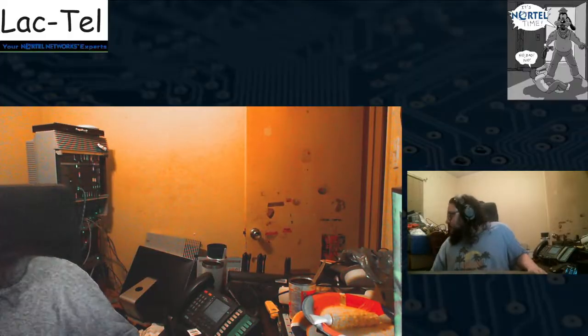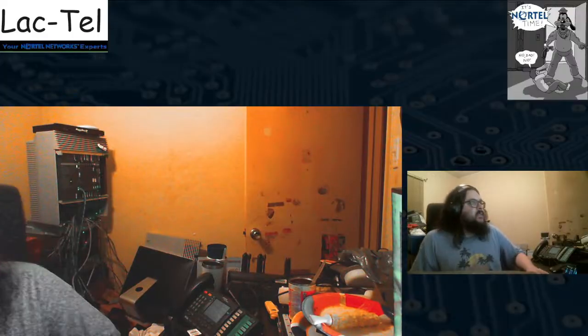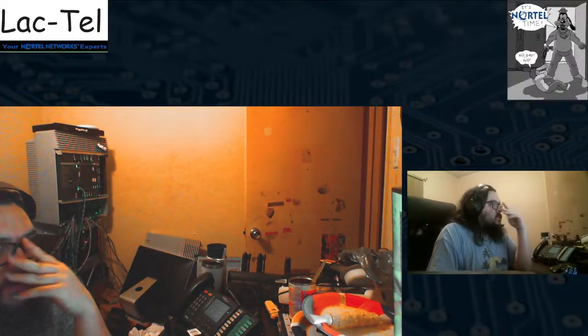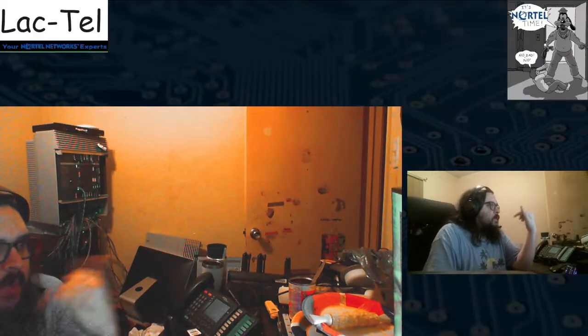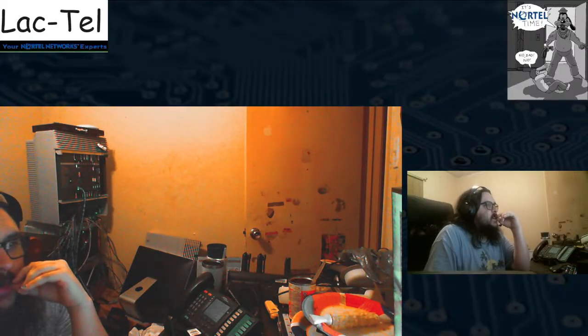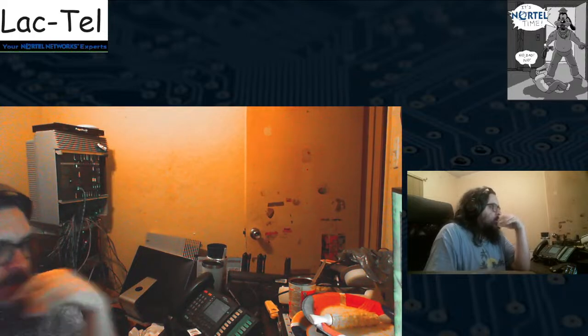That would be fun to make some kind of little emulator that uses a trunk card to put incoming trunks coming into the universal trunk card, and then have the lines there. Maybe, I don't know. Anyway, I'm going to open up a notepad real quick.